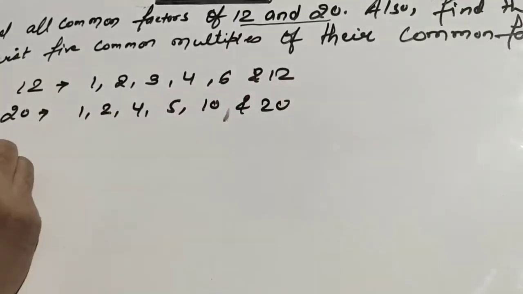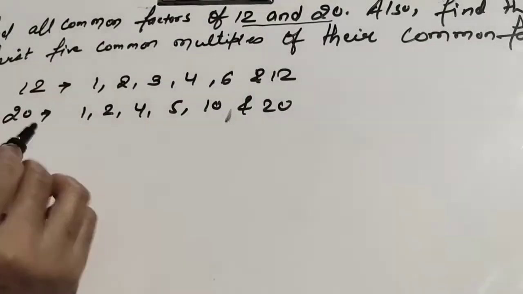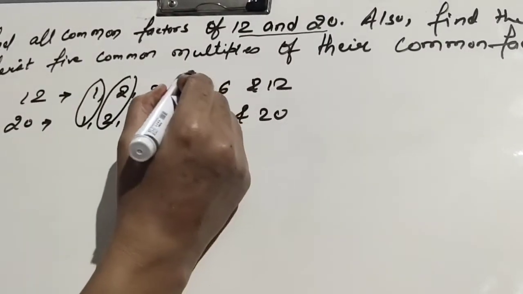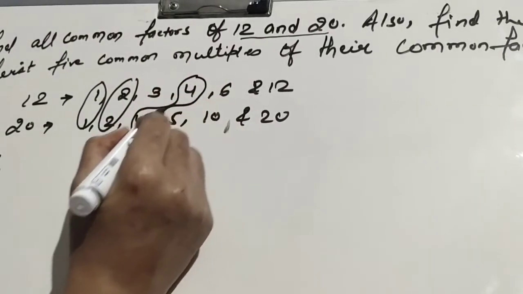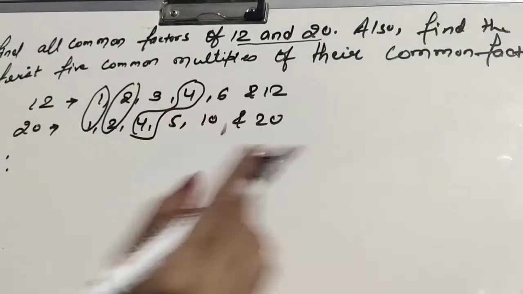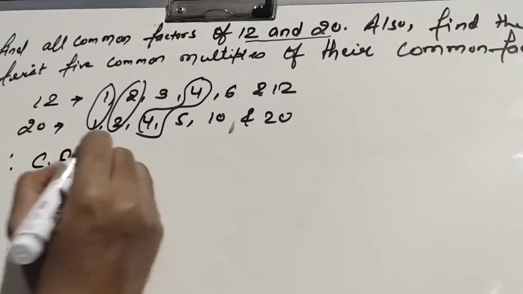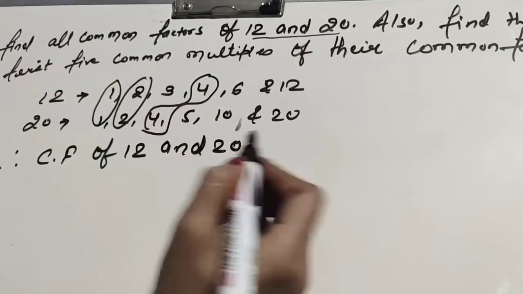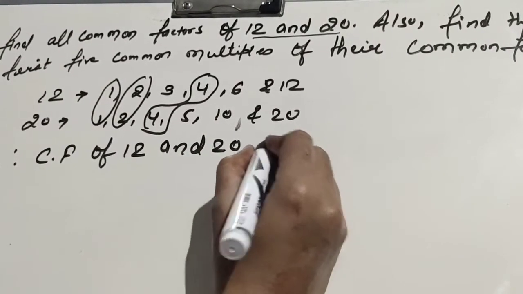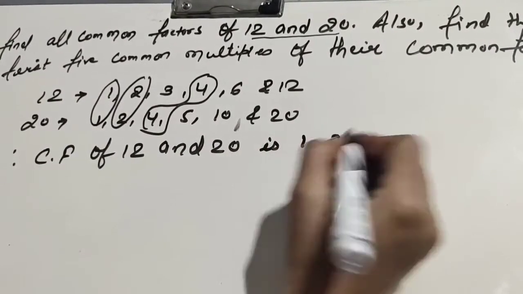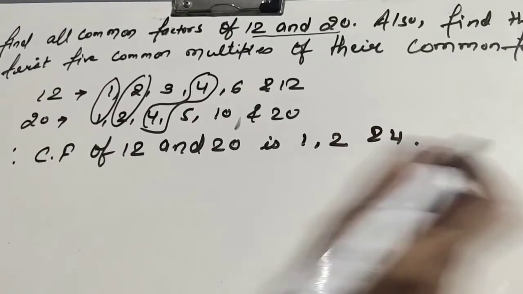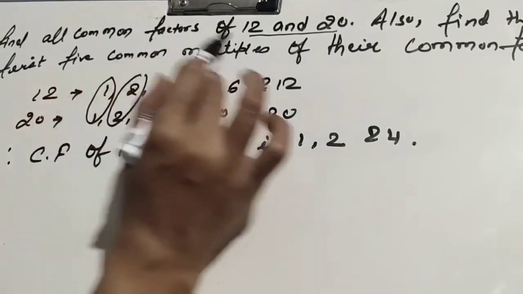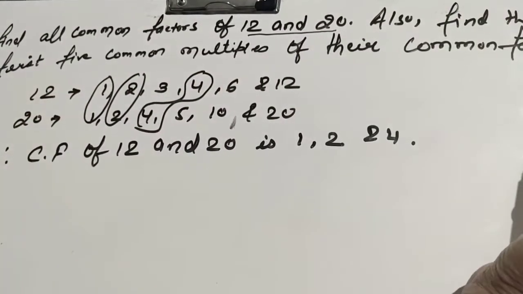Now we will find the common factors of 12 and 20. So 1 is common, 2 is common, 4 is common only. So the common factors of 12 and 20 are 1, 2 and 4.